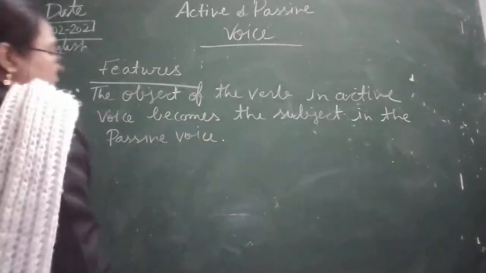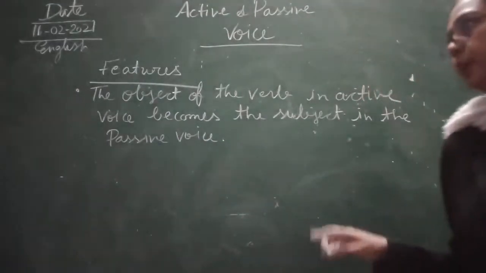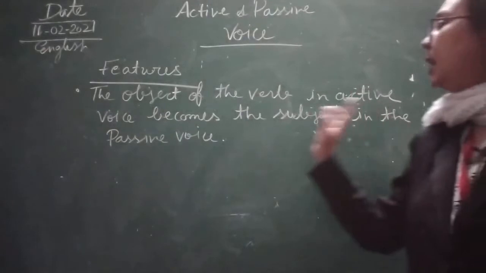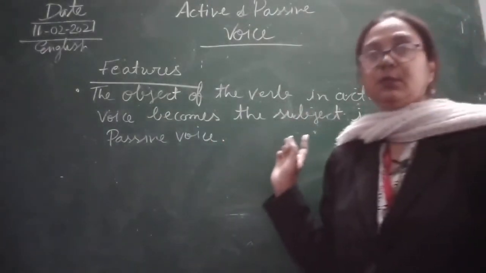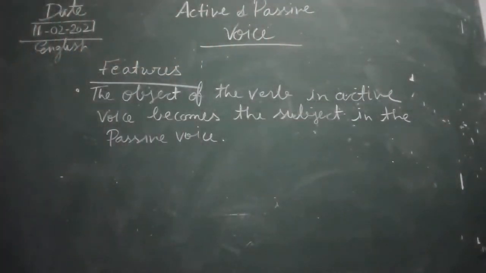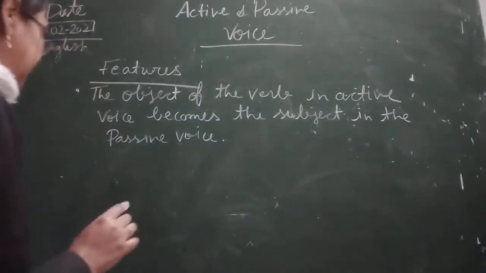Okay children. Now first of all, the first feature of active and passive voice: the object of the verb in active voice becomes the subject in the passive voice. So this is a very, very important feature of active and passive voice.